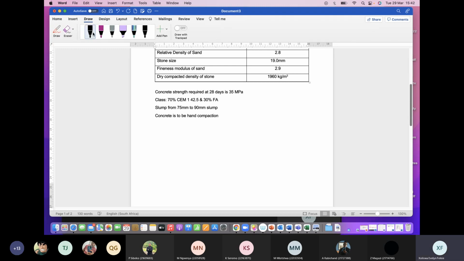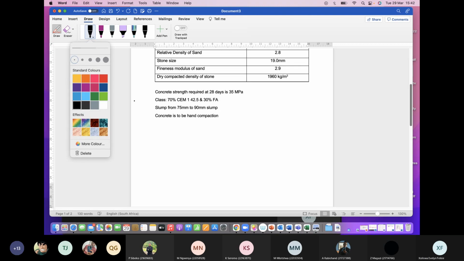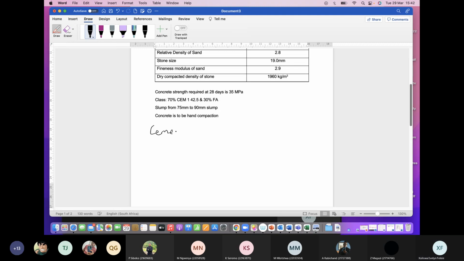So in terms of cement, how much do you have? The cement was 455 kilograms. Stone? 1274.